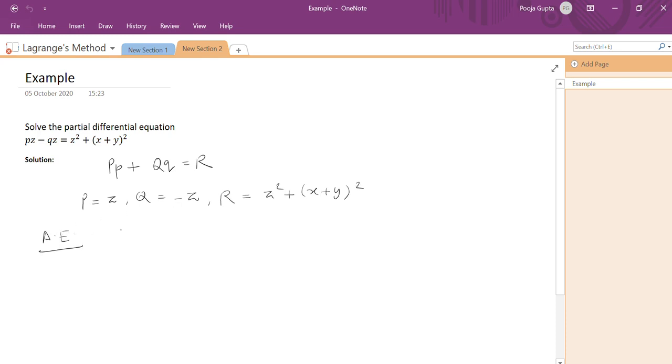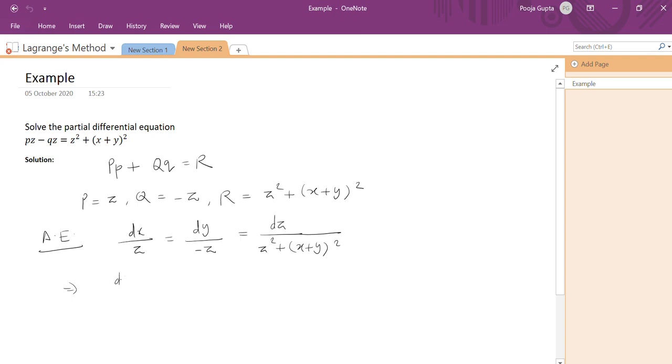Our auxiliary equation will be dx upon P, that is z, dy upon Q, that is minus z, and dz upon R, that is z square + (x + y) whole square. Now for the solution of this auxiliary equation, first we consider the first two fractions.